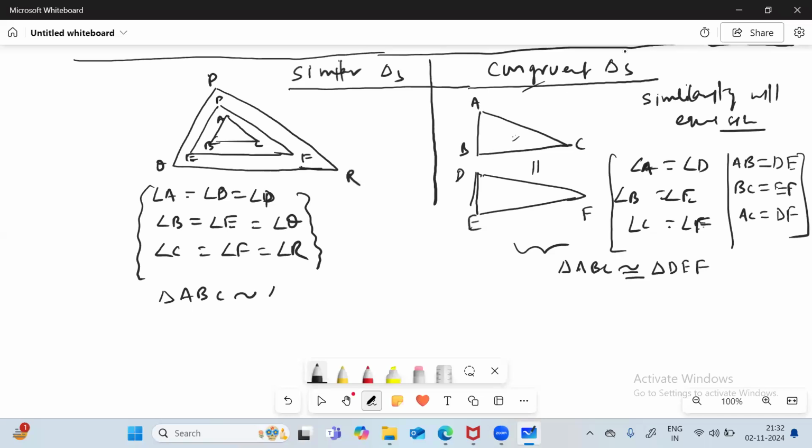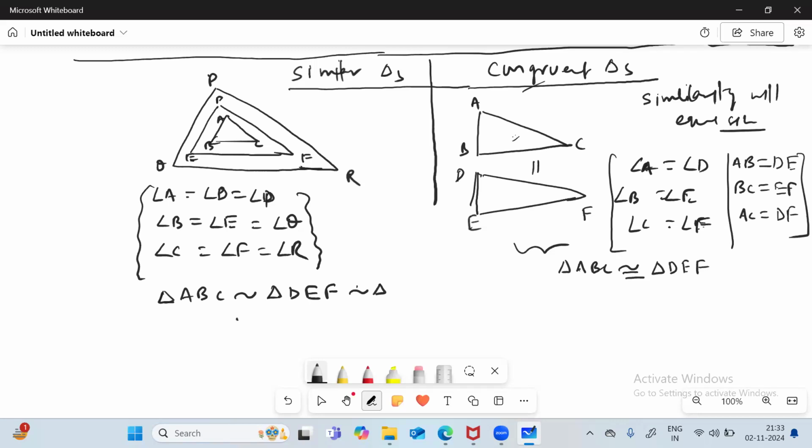For the writing rule, you should write the similarity with respect to the angles. Like, I'll write ABC is similar to DEF.